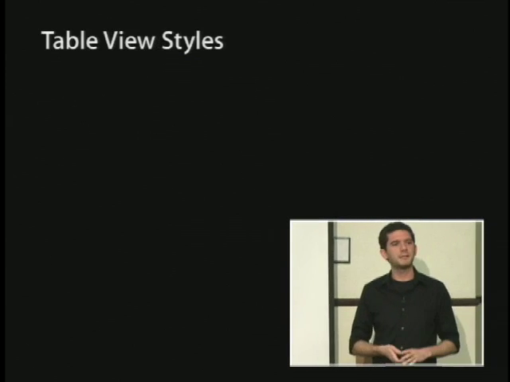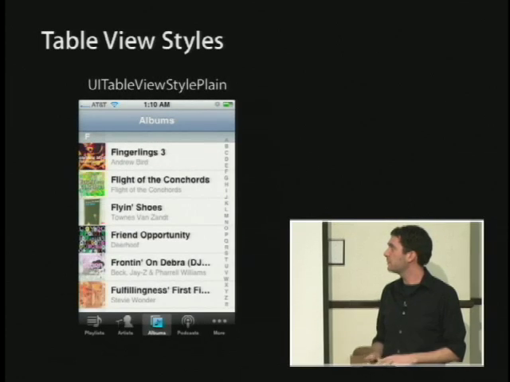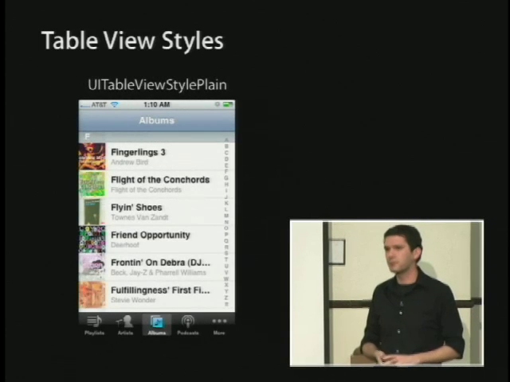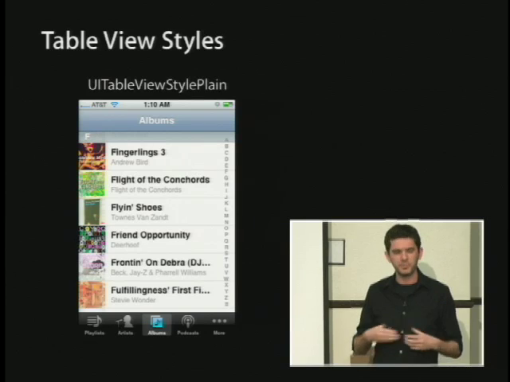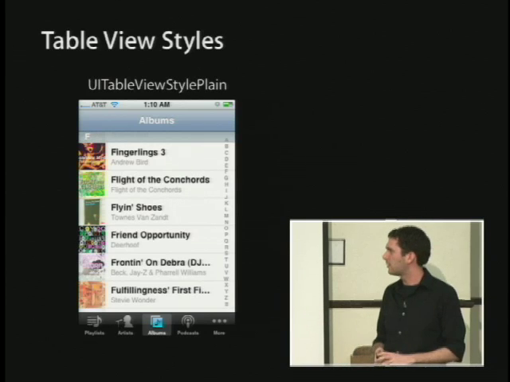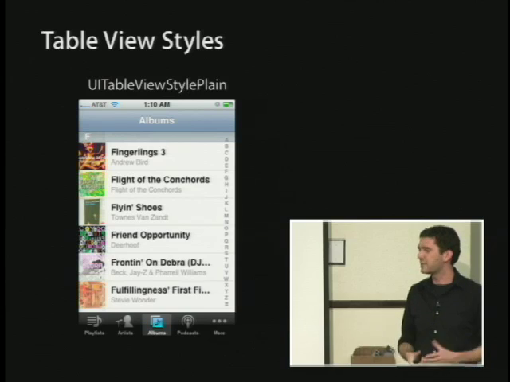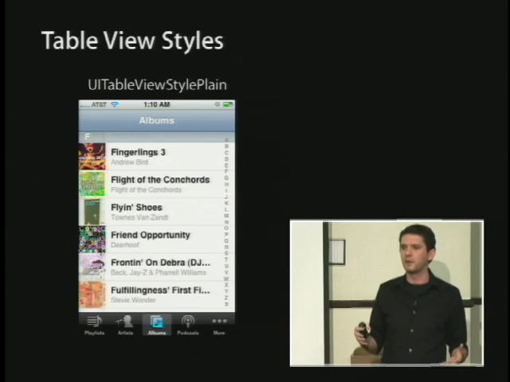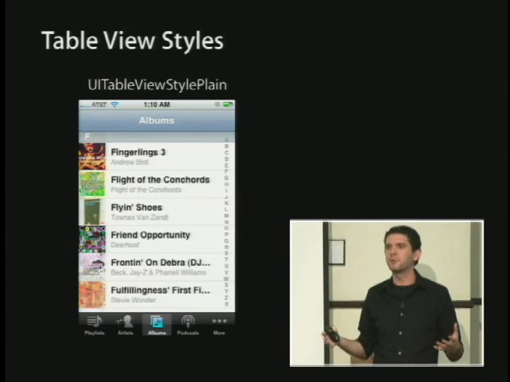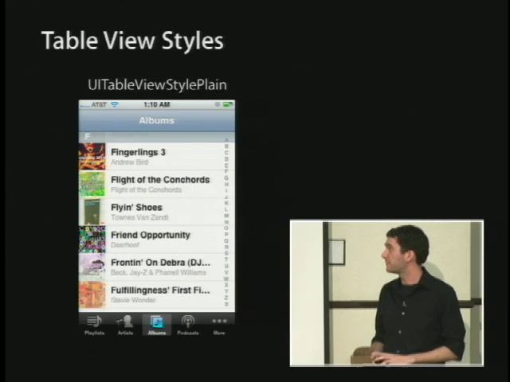There's two basic default built-in styles for UITableView. The first is the plain style, which is actually used pretty much throughout iPhone OS. It's used in a lot of places. The plain style basically just means the table view by itself doesn't really provide a whole lot of appearance before you've actually provided any yourself. For the most part, the only thing that it's going to do is give you those section headers and footers.